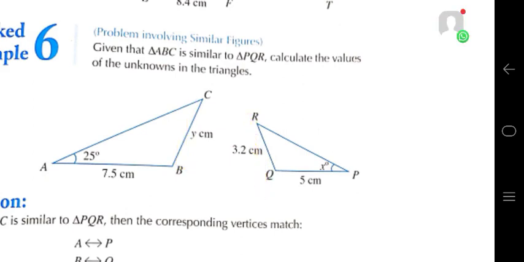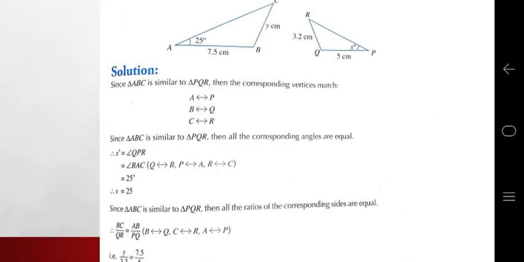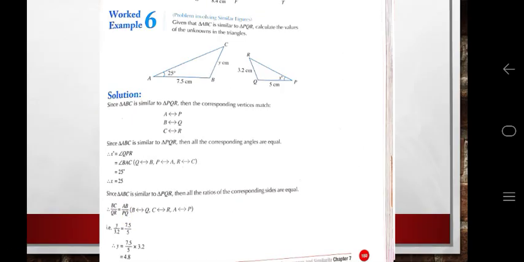So we can put this in an equation. Let me show you the equation. We need to find the y over the corresponding side 3.2 equals 7.5 over 5.